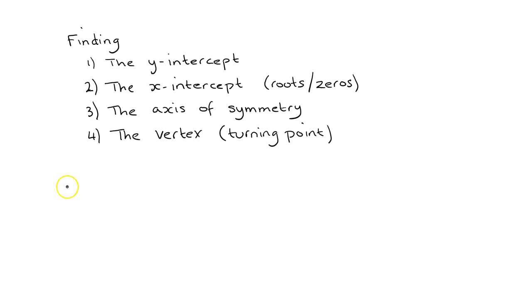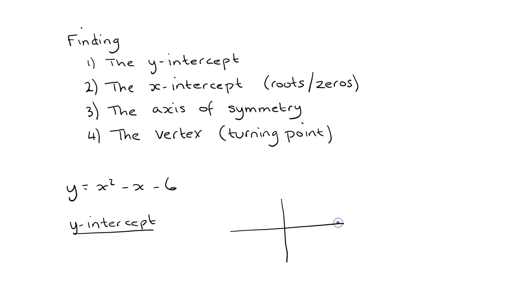So the example I'm going to use is y equals x squared minus x minus 6. The first thing we're going to find is the y-intercept. If you think about a graph, this is your x-axis and your y-axis.